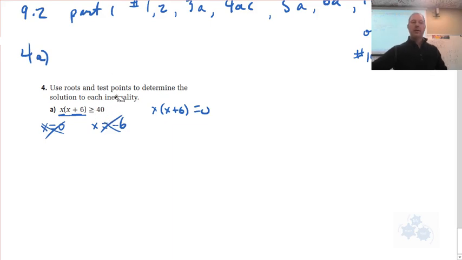Okay, so use roots and test points. So what you can do here is let's expand this out and get an equation equaling 0 to find the actual roots. So for this one, you want to go x squared plus 6x minus 40, because I'm going to get this 40 over here as well. And I'm going to make this equal to an equation.